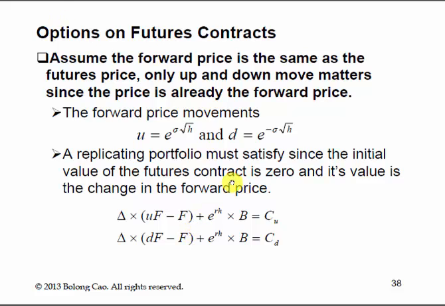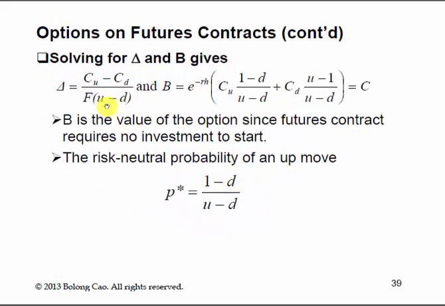And then you still have this delta. Delta is the difference between the call payoffs divided by the change in the futures price, or the forward price. And then this borrowed money position turns out to be exactly the call premium.